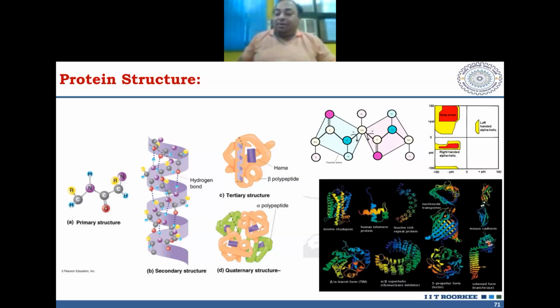That gives you a power to predict. You understand what I mean? A power to predict which conformations are allowed and which conformations are not.